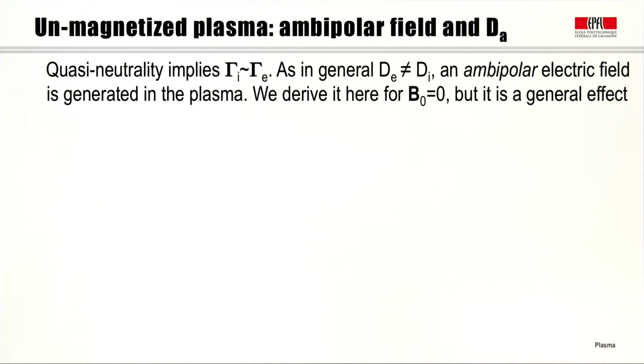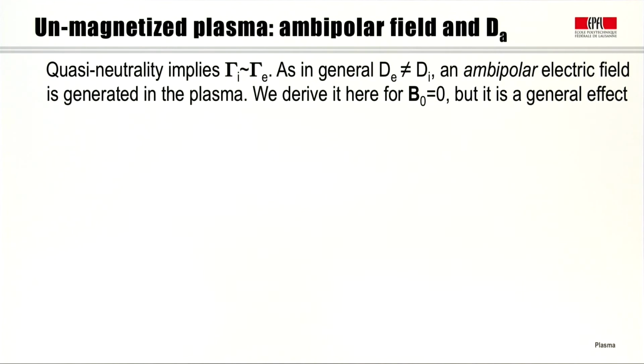And in general, diffusion coefficients, and also the mobilities, are different for ions and electrons. So what happens? What can the plasma do? The plasma, in fact, will set up an electric field that will tend to slow down the faster of the two species and accelerate the slower of the two species, so that actually the two fluxes will be balanced.